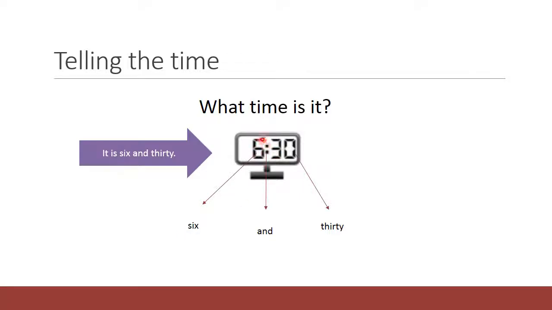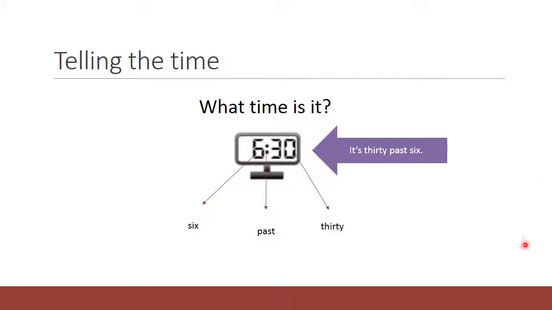The colon becomes an, and the number is 30. So that's why we have it is 6:30. Or we can also use the keyword. It is 6 and 30. 6, the colon is an, and then we have the next number that is 30 or a half.